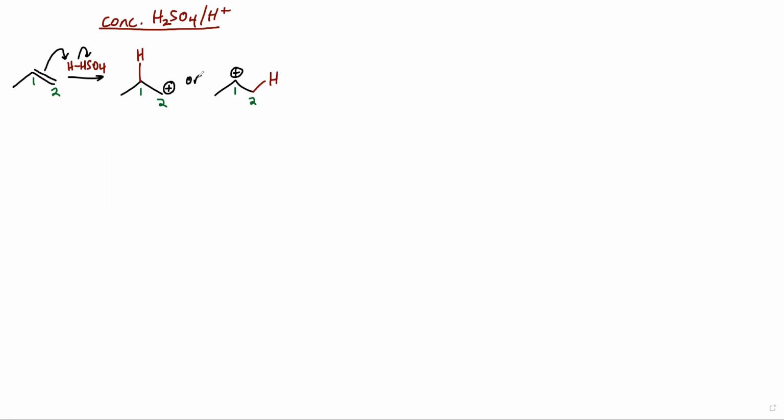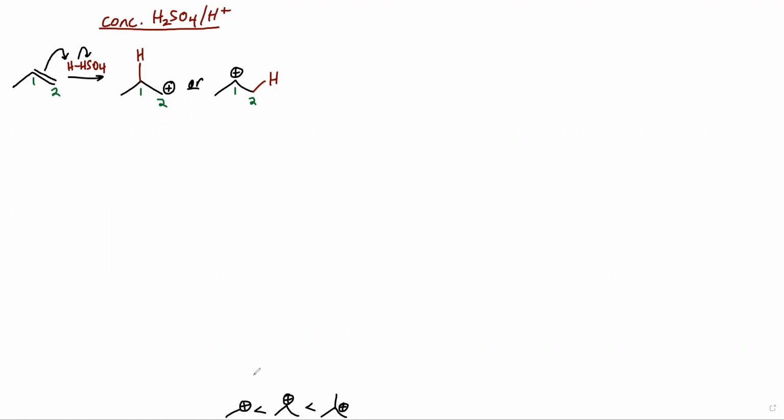And if we need a reminder, I'm totally willing to give it. A more stable cation is going to be the more substituted cation. So cation stability in the alkyl series is going to be increasing with substitution.